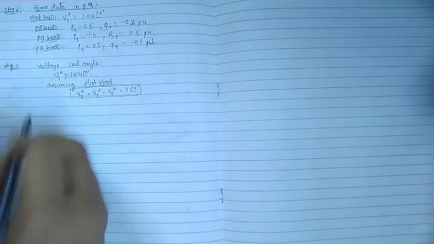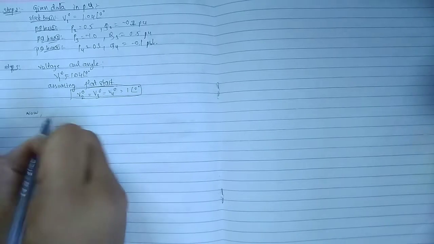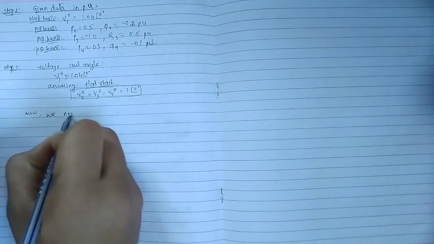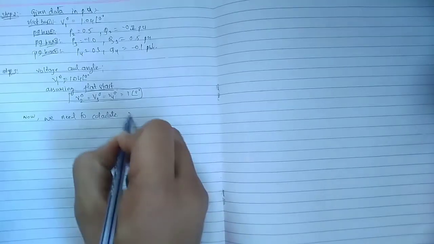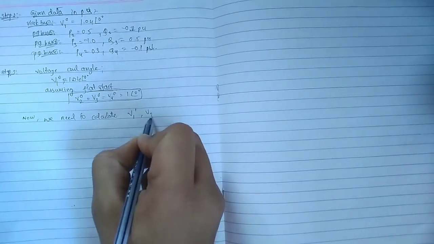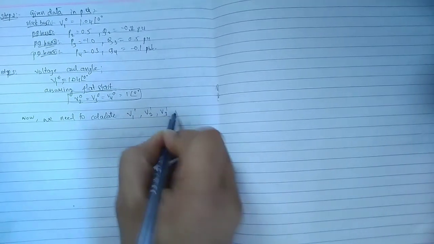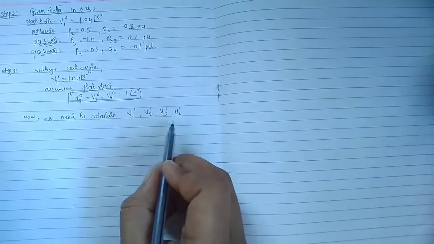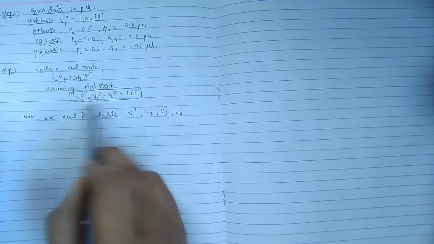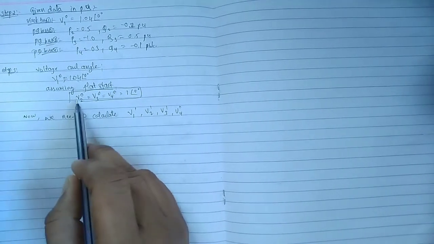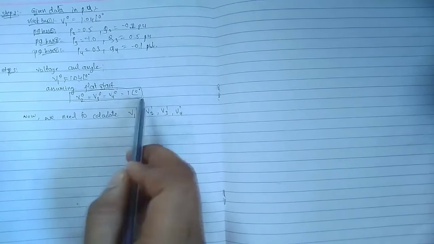Now we need to calculate V1 of 1, V2 of 1, V3 of 1, V4 of 1. This is the procedure. V1 of 0 is given in the question, and we don't have initial values of V2, V3, V4, therefore we started with a flat start and assumed 1 angle 0.